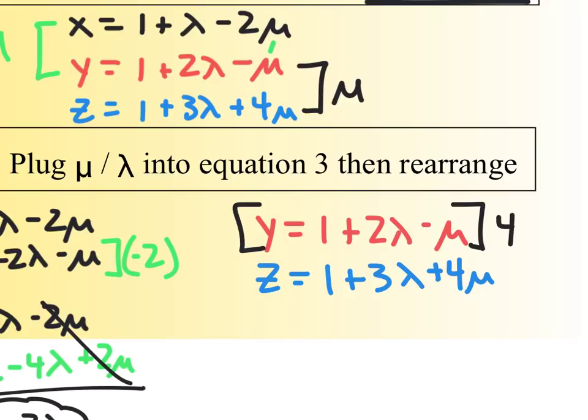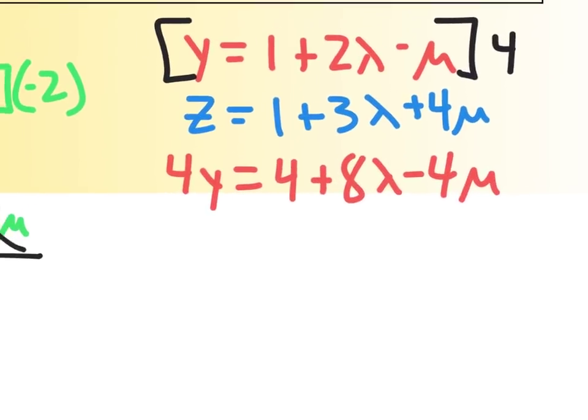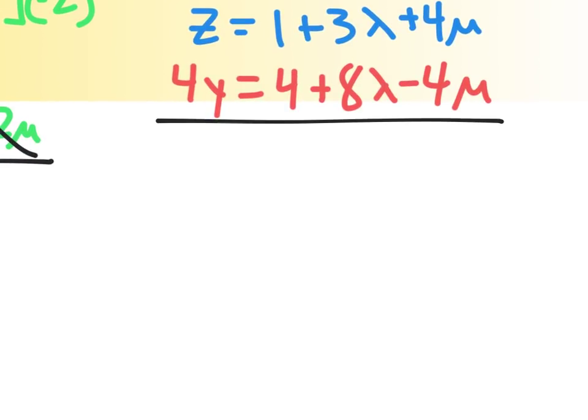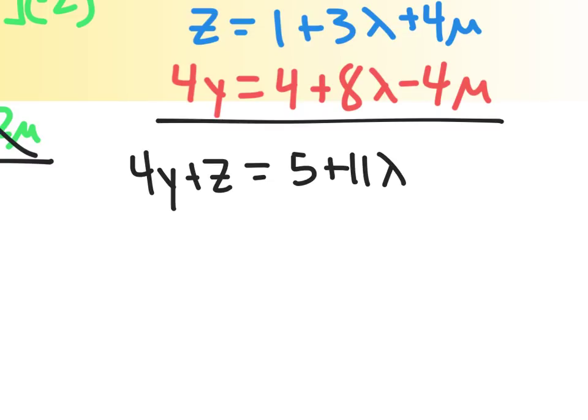So my new equation for that would be 4y equals 4 plus 8 lambda minus 4 mu. And I'm not going to rewrite the second one, I'm just going to ignore the first. I add these together. Looks like I get 4y plus z equals 5 plus 11 lambda.